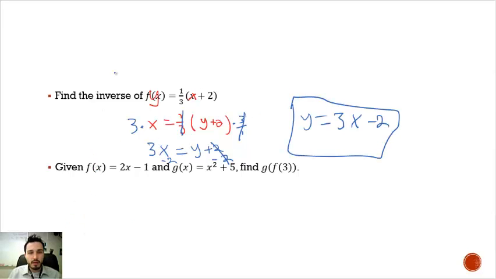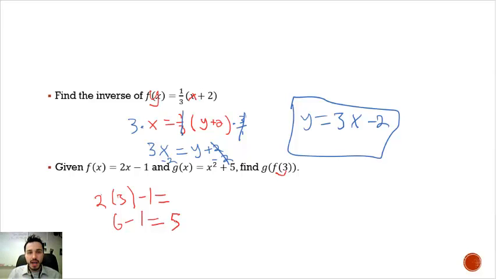Alrighty, last one here. Given f is this, g is that, find g of f of 3. Now remember, you're plugging the 3 into the function that it's closest to, so that's the f function. 2 times 3 minus 1 is 6 minus 1, so that's 5.